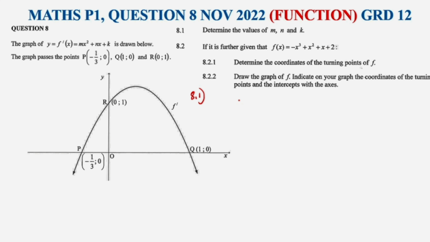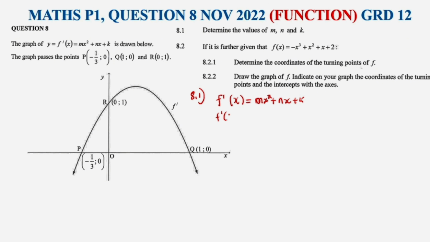Now what we're given is the first derivative, so we can say the first derivative is equal to, as it is given there, mx squared plus nx plus k.